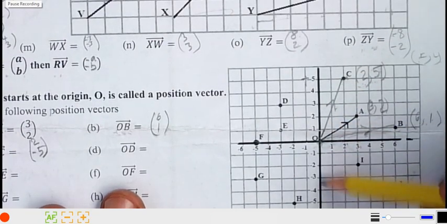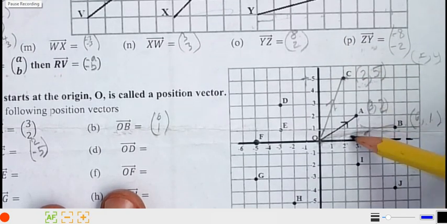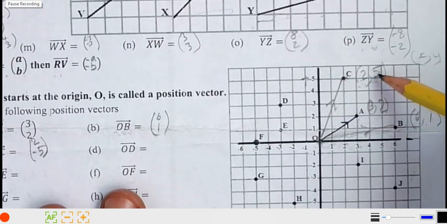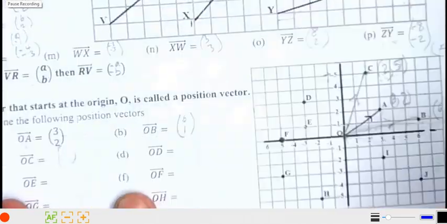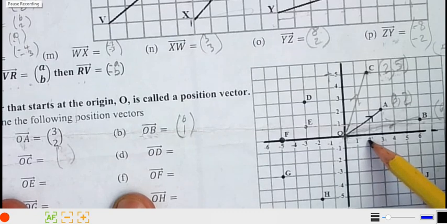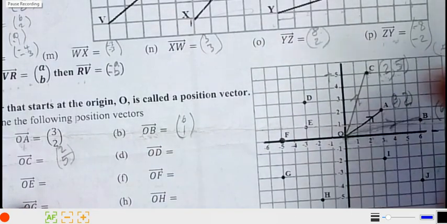And below is negative. So the location of C is actually 2, positive 2, and positive 5. So therefore, OC has to be 2 and positive 5. Correct. Everybody get that?